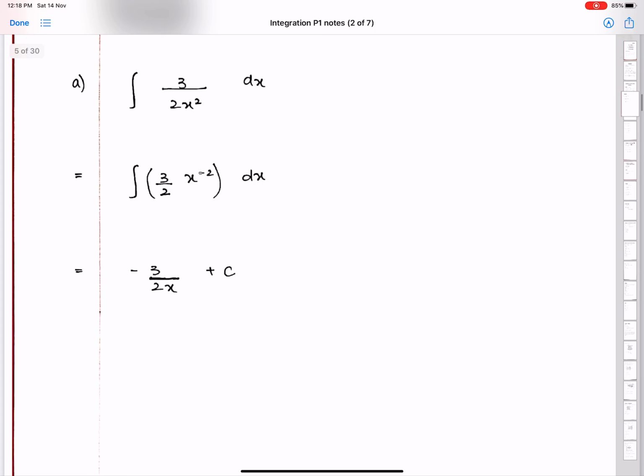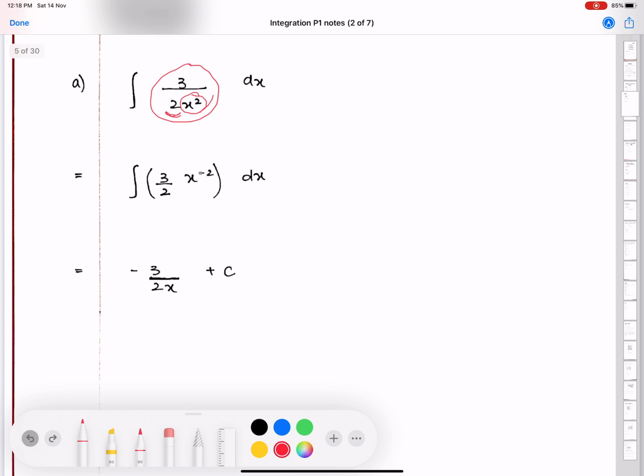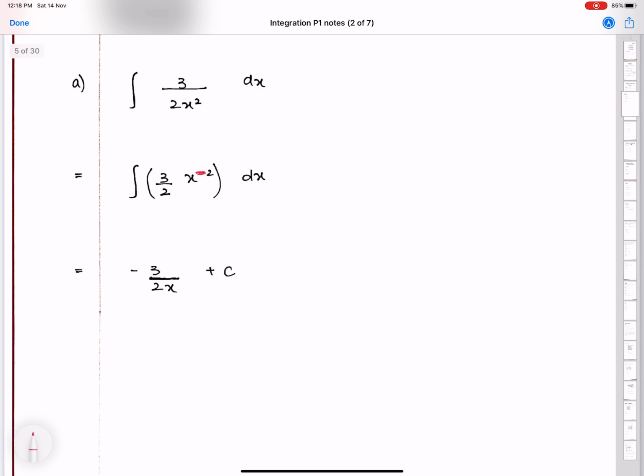Well, we first simplify the function and then we integrate the function. So in this case, we first need to simplify this. For that, we need to bring x in the numerator. Don't bring the coefficient in the numerator, only bring the variable in the numerator. This is important. So when you bring this variable x in the numerator, it will become x power minus 2, and the coefficient will remain as it is.